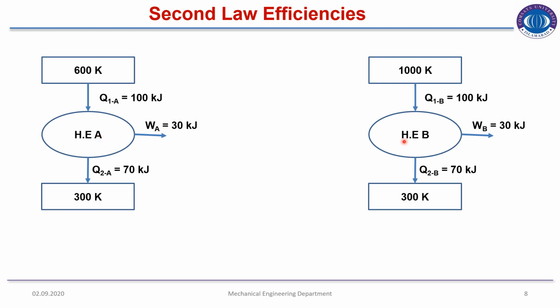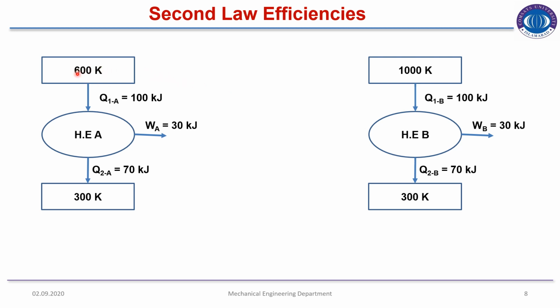So you can see that only the source temperature of heat engine A is less than that of heat engine B, whereas all other parameters are the same. QHA is 100 kilojoules and QHB is also 100 kilojoules, QLA is 70 kilojoules and QLB is 70 kilojoules, and WA and WB both equal 30 kilojoules. The only difference is the source temperature.